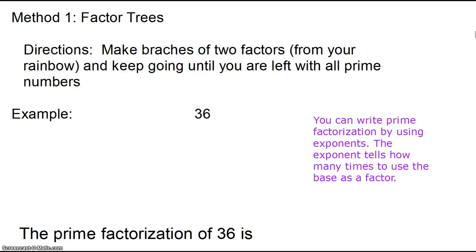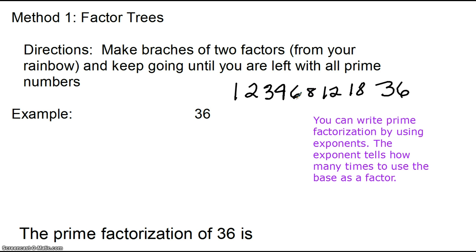Alright, the first method is factor trees. The directions: we're going to make branches of 2 factors from my rainbow and keep going until you're left with all prime numbers. My factors of 36, I'm just going to write them out real quickly, are 1 and 36, 2 and 18, 3 and 12, 4 and 8, and then 6 times 6.